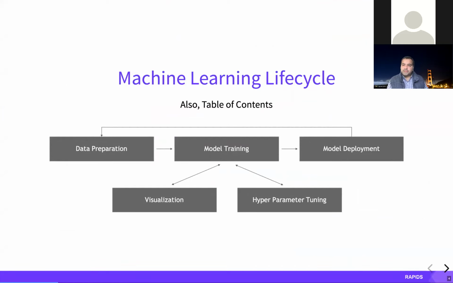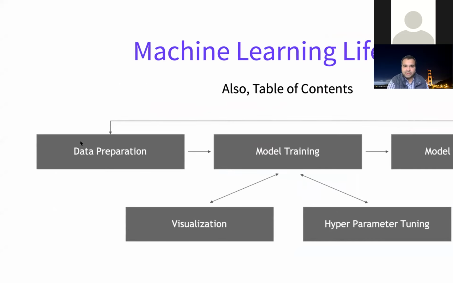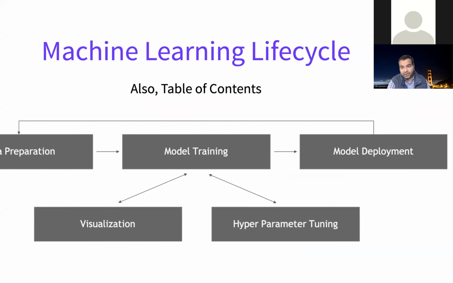Once you have your data set from any domain, the first step that you do is something called data preparation. So you do some ETL logic on top of it, extract, transform, load. And then after that, you train your model using that data set. At that time, you might want to perform some visualization or hyperparameter tuning to make sure that your model is the right model to go out there in the real use case. And then you deploy your model.